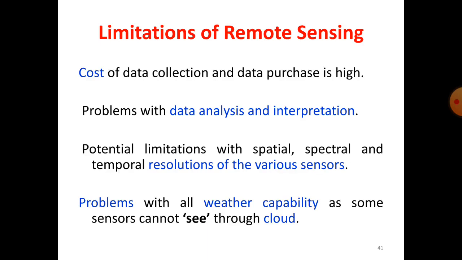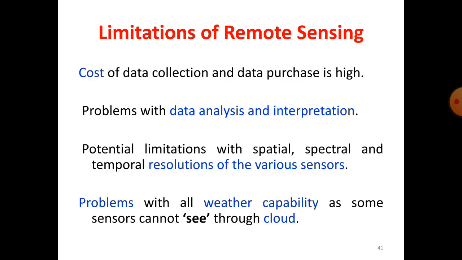Then the resolution of the data and the information that the sensors can sense will find difficulty during different climatic conditions. As we have understood, satellite remote sensing cannot work during cloudy and rainy conditions. So this is about the limitations.